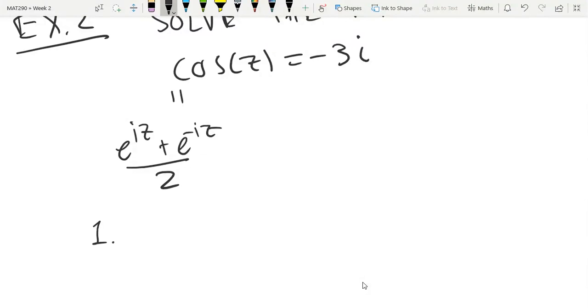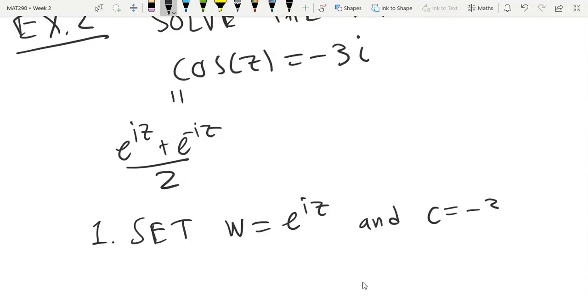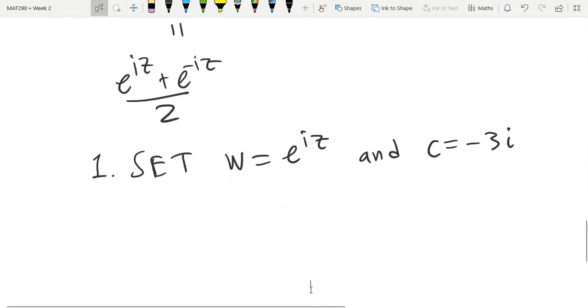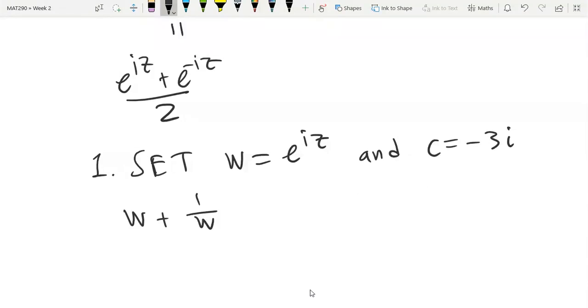So what do I mean by that? Set w equal to e to the iz and c equal to whatever the right-hand side is. Okay, so do that first. You get w plus 1 over w, divided by 2, is equal to c.